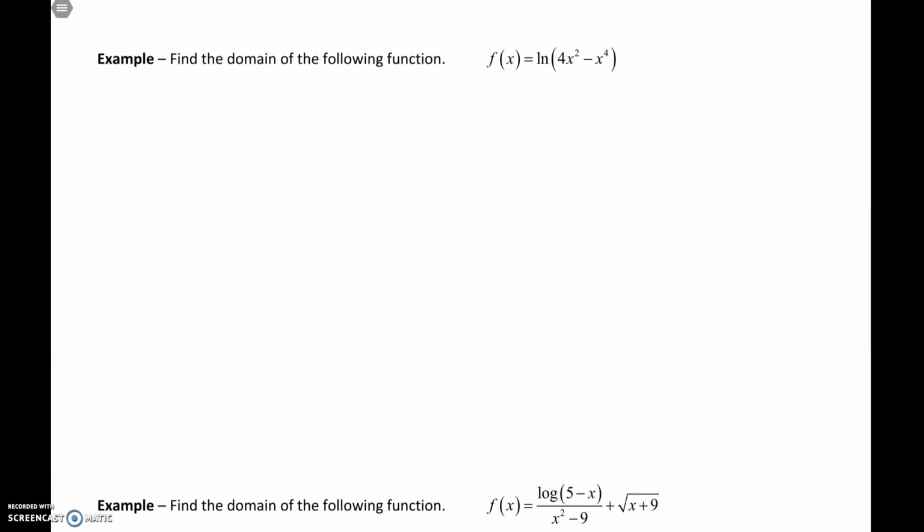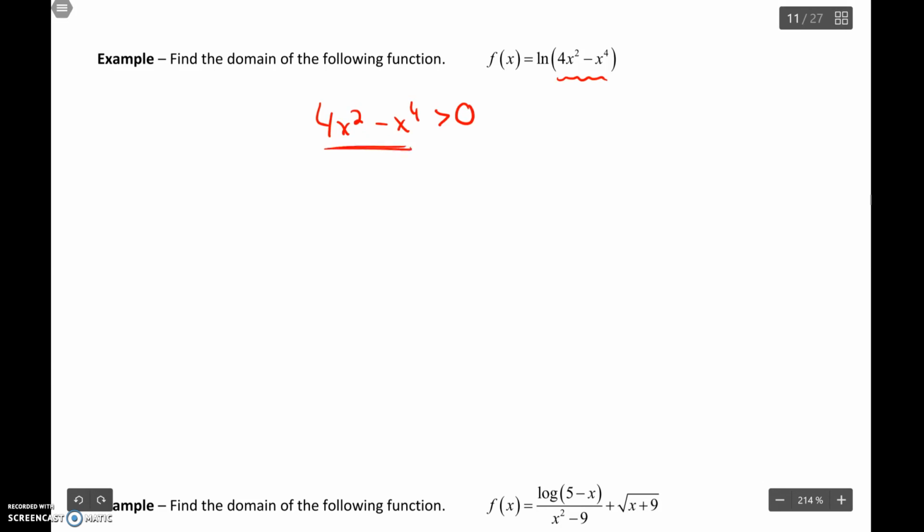Example, find the domain of the following function. So this one you're not going to be able to do in your head, I wouldn't think. Natural log of that expression. Well, whatever's inside the natural log, that expression has got to be greater than 0. So we need to solve this. How do you solve a nonlinear inequality?